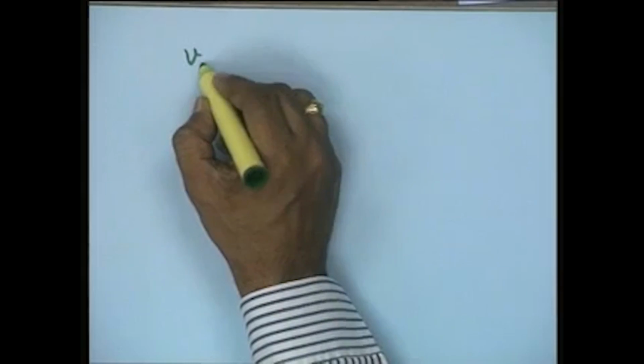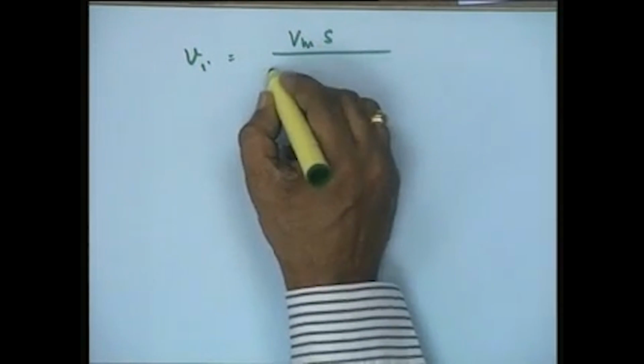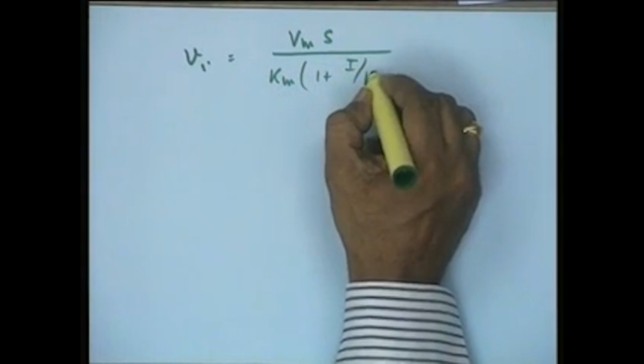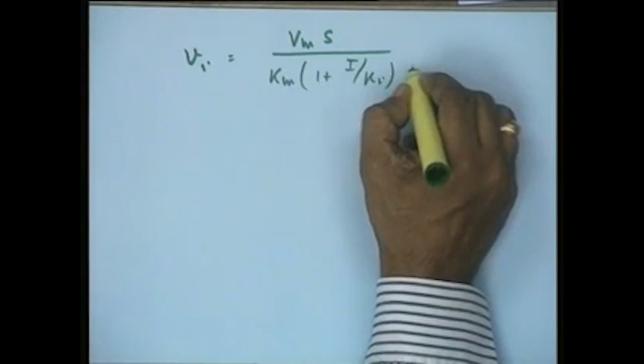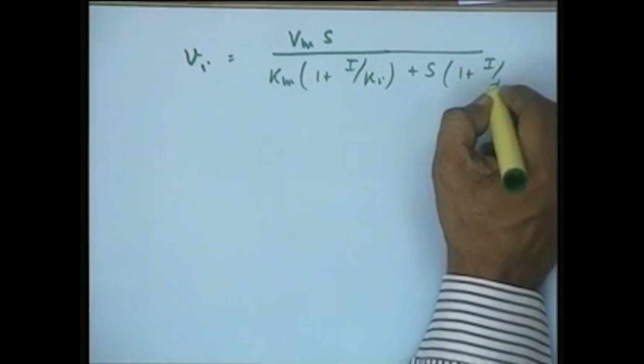And in such cases the rate expression becomes modified as Vm into S upon Km into 1 plus I over Ki plus S into 1 plus I over alpha Ki.